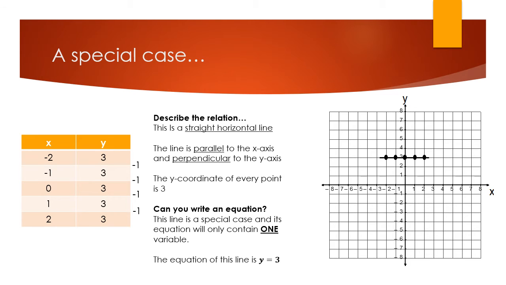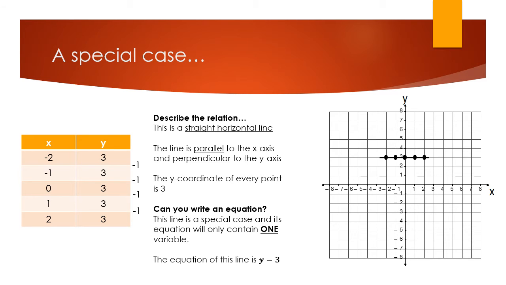Anytime you have a case where your y value is always the same, whether it's 3, 10, a million, or -50, in your table of values or in your graph, you know you're going to have a straight horizontal line, a flat line. It'll be parallel to the x-axis, so it'll run along the x-axis.